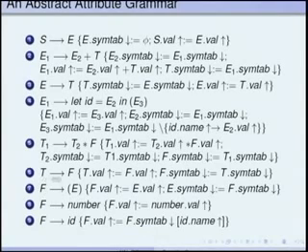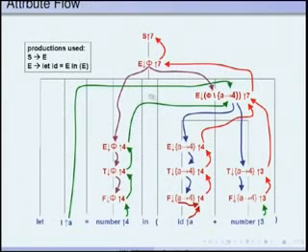What is the value of T to F? Whatever value is produced by F is passed on to T. And what is the value of T to T star F? We take the value of T2 dot val, take the value of F dot val, and then combine these two values, and that is the value which is produced as the value of T1. So, this is the way the attributes are computed, and then they are passed on to the start symbol.